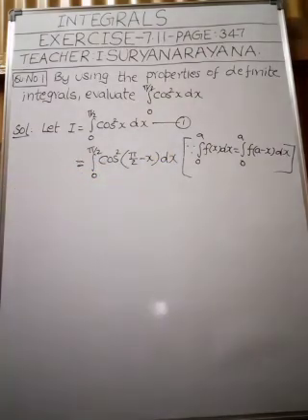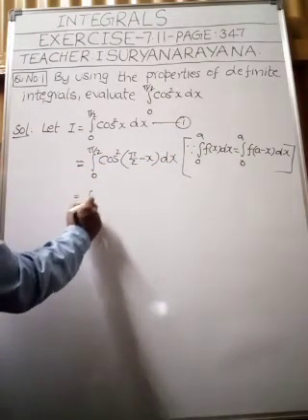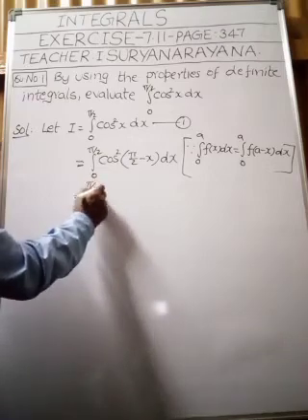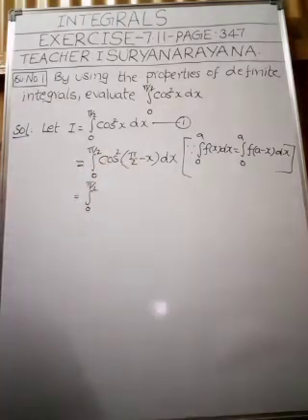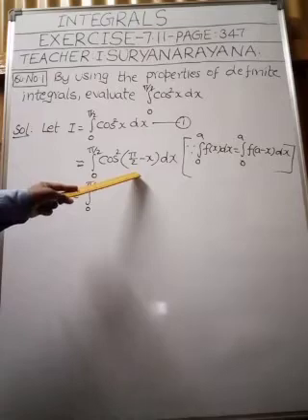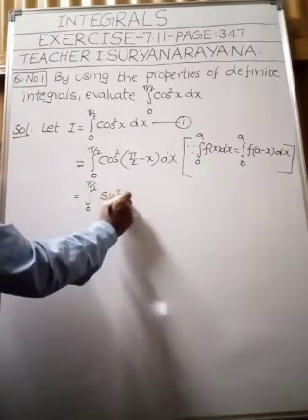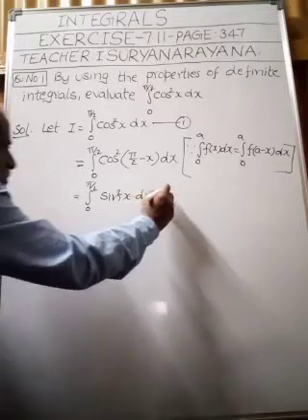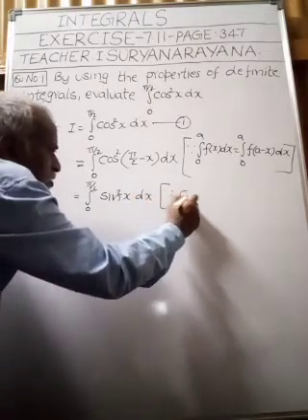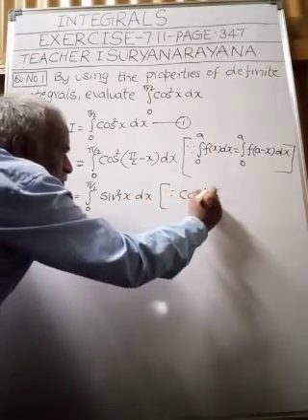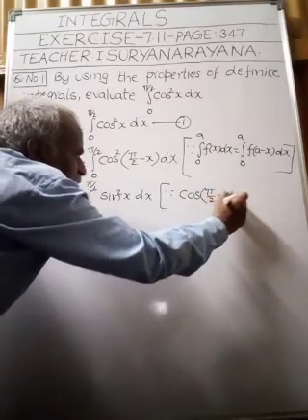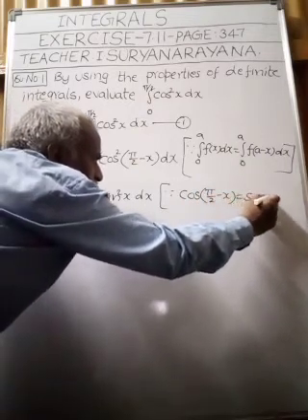That is equal to integral 0 to pi by 2 cos square of pi by 2 minus x. Cos of pi by 2 minus x, what will you get? Sine. So sine square x dx, because cos of pi by 2 minus x is equal to sin x.